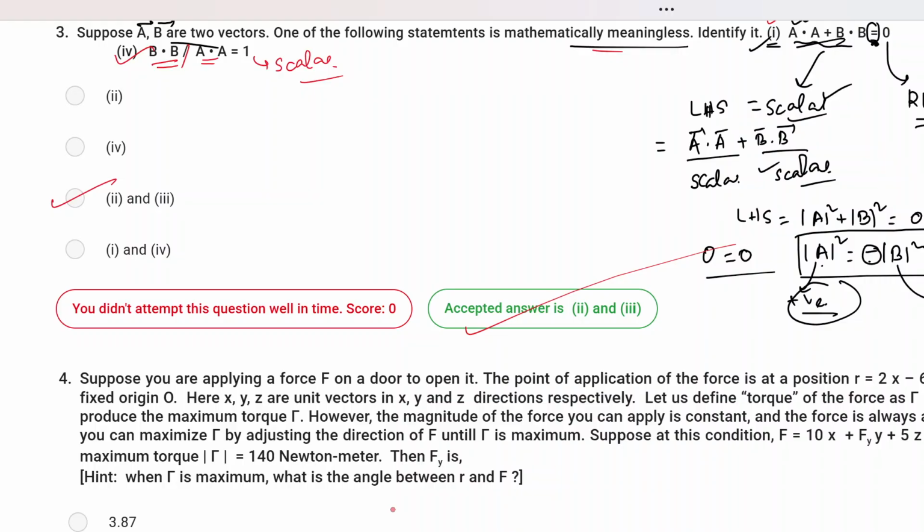So suppose you are applying a force on a door to open it, and your point of application of the force is at a position r vector. So r is also a vector, and it has this expression with respect to the fixed origin O. Whenever you are defining a vector, you know that you have to have a coordinate system because these are coordinate unit vectors, right?